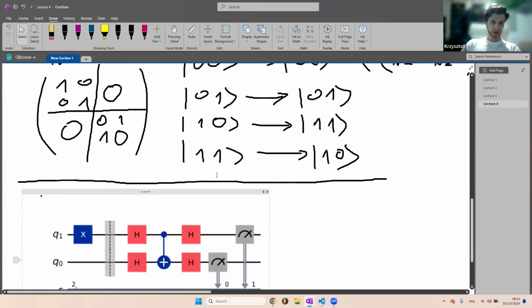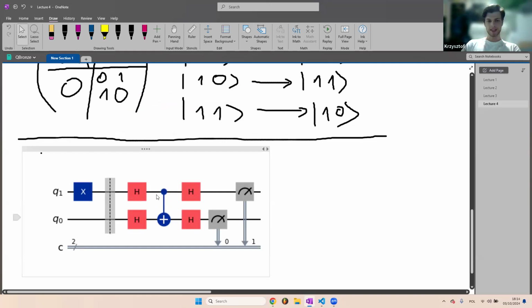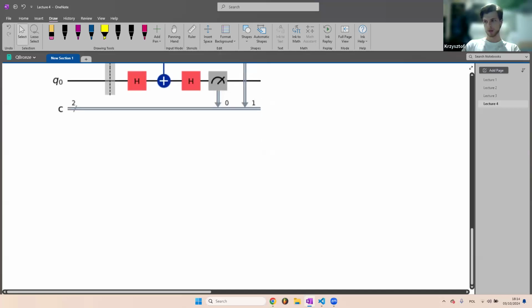So right now, you may suspect that qubit 1 is the control qubit and qubit 0 is the target qubit, so you may expect that the state of the 0 qubit will be changed based on the first qubit. And we will see what actually happens.